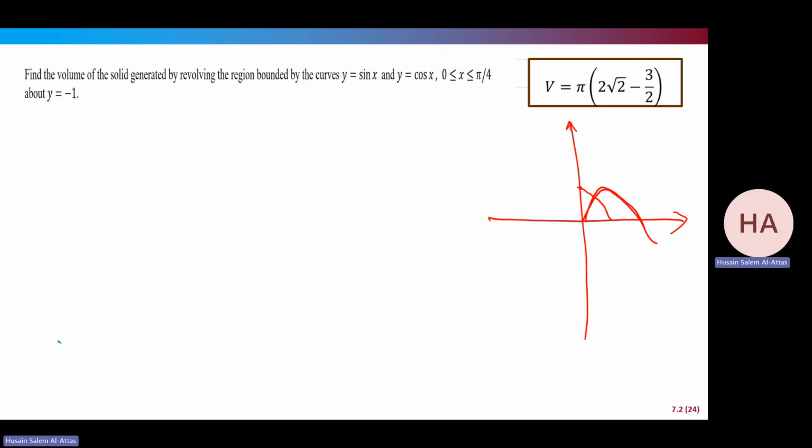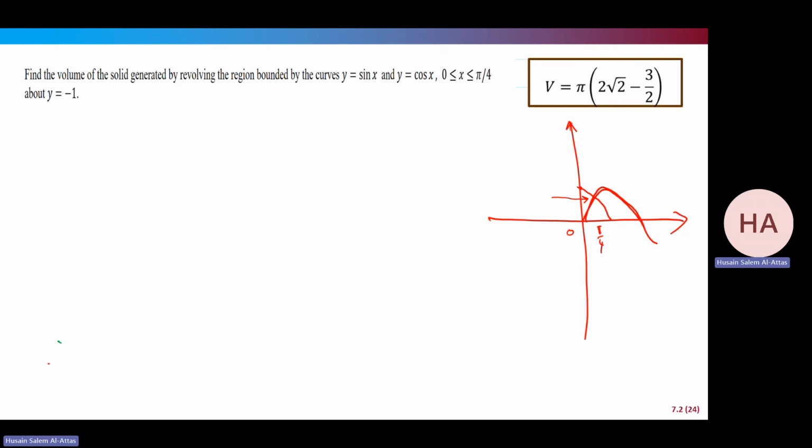We are talking about which region? Between 0 and pi over 4. X between 0 and pi over 4. But I know sine is equal to cosine there, so I'm talking about this region.